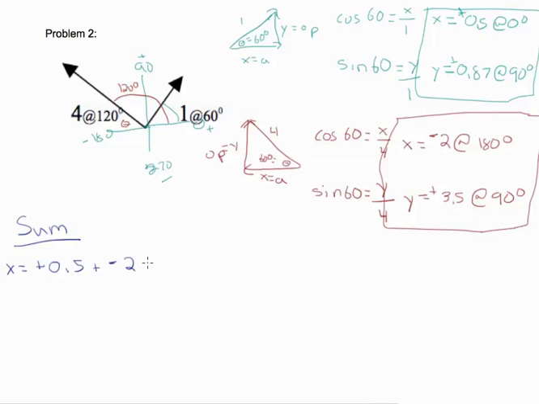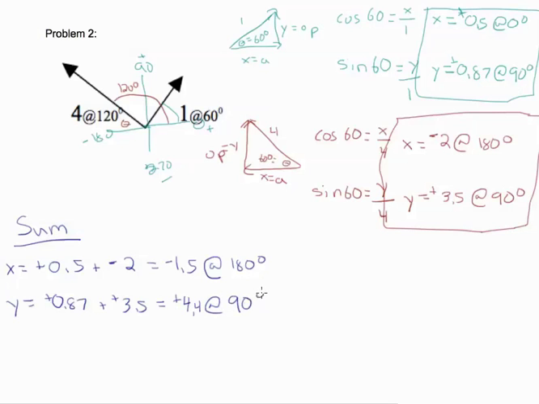And for y, we have positive 0.87 plus positive 3.5, giving us 4.4. Positive 4.4. And because it's positive, we know that that's at 90. Now the final step here is just to add these two vectors. It helps if you draw them first.